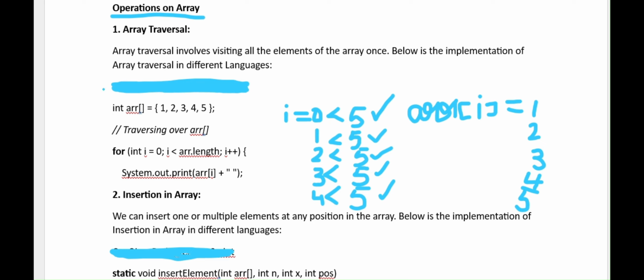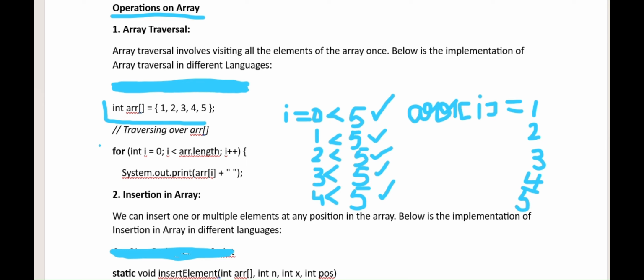Here, first we declare and initialize an integer array: int array equal to, square brackets, integer data type, array name, square brackets, and braces open. These are all the integer values stored in the array.